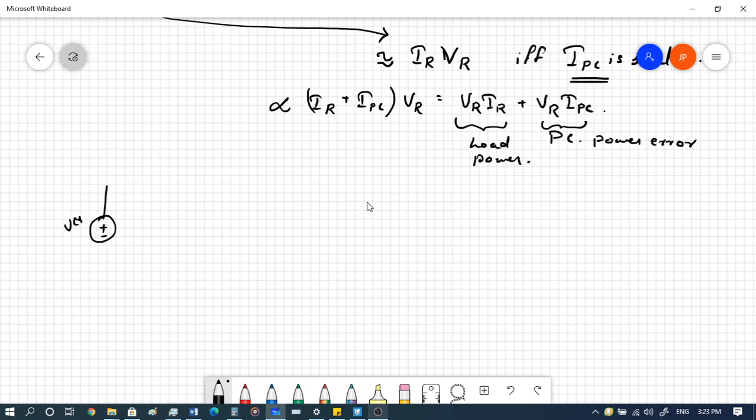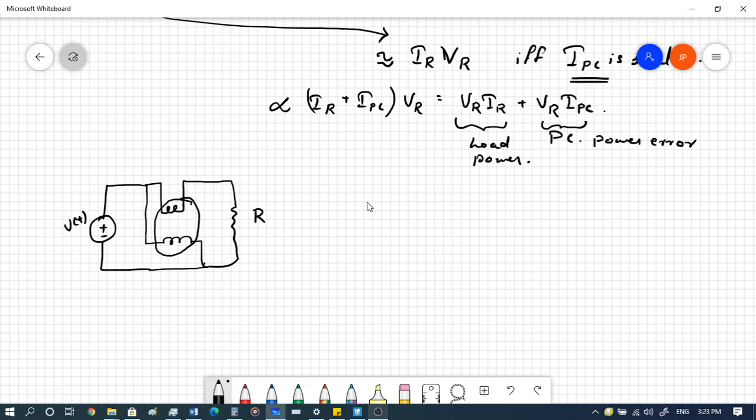Plus minus V of t, and let's say we have the pressure coil like this, and this is a load, this is our current coil, this is a pressure coil. Now in this case also again we'll face the same problem.